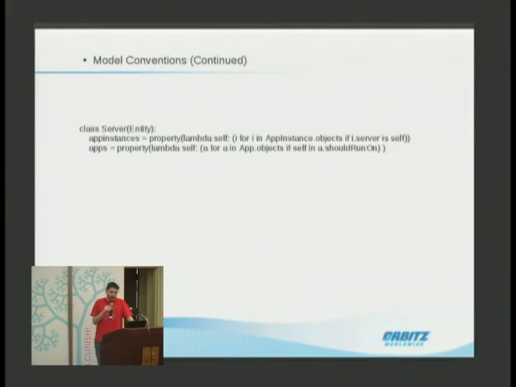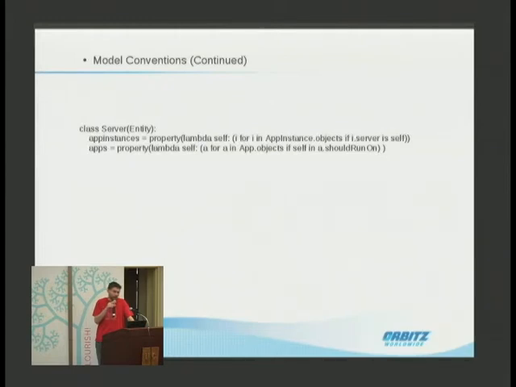So we actually use the property descriptor quite extensively inside of our model code. It saves us having to keep track of other pieces of information that aren't necessarily needed. What this example allows us to say is that every app is supposed to run on a given server, and that server has a set of server attributes that we can look up against.